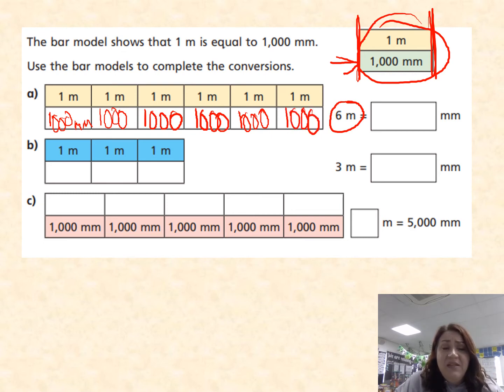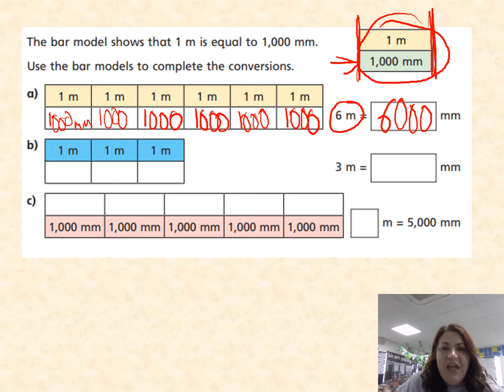So how many millimetres have I got there? Can you tell me? 1, 2, 3, 4, 5, 6,000 millimetres. And the millimetres is already there. I don't even need to put it in.